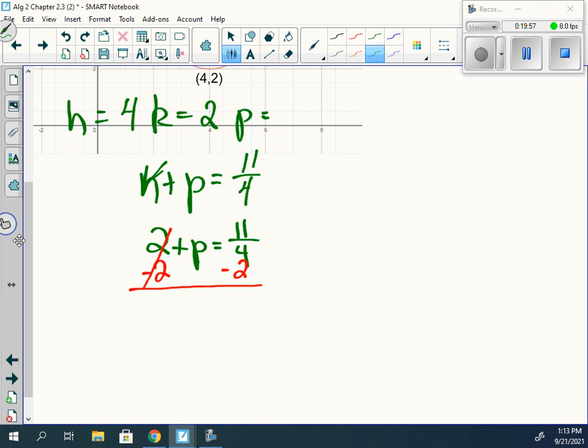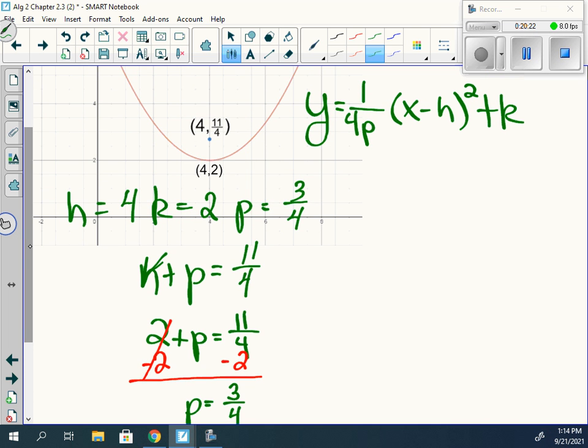Those cancel, telling me that p is equal to 11/4 minus 2 is 3/4. So the value of p for this here would be 3/4. Any questions on how we found the values of h, k, or p?